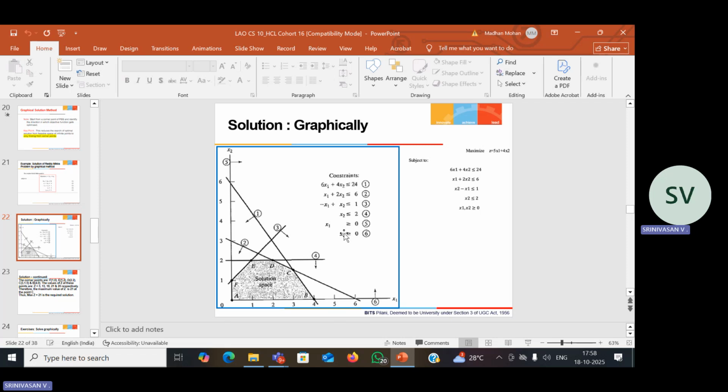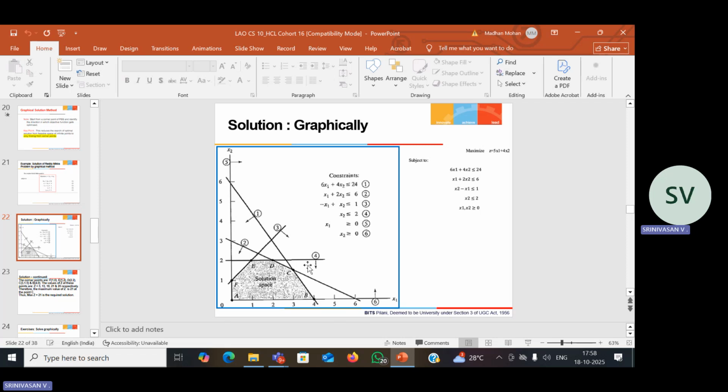Now you can easily find out the points. You have a point 6, 0, then 4, 0, then 0, 3, 0, 6, then 2, 3, and 3, 1.5. Now shade the region which is common between all the straight lines, that is, all the constraints, all the conditions.